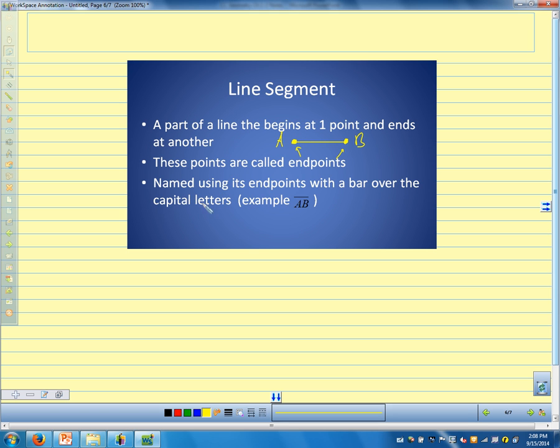And another important characteristic is we name them using the endpoints with a bar over the capital letters for their points. So there is how we name segment AB.